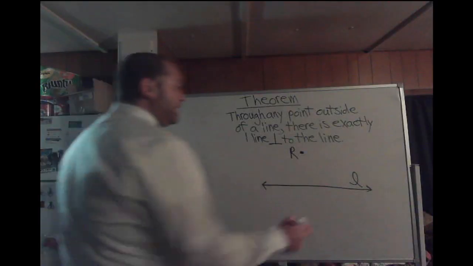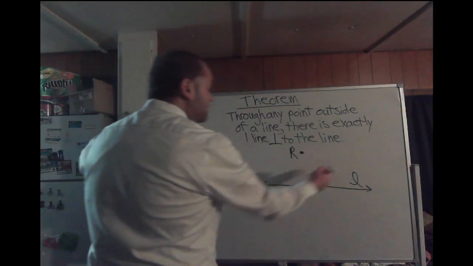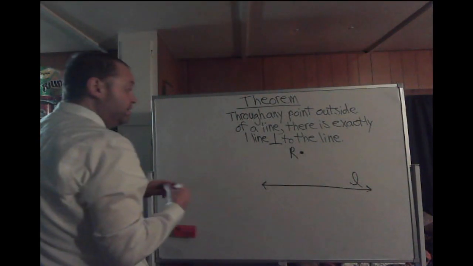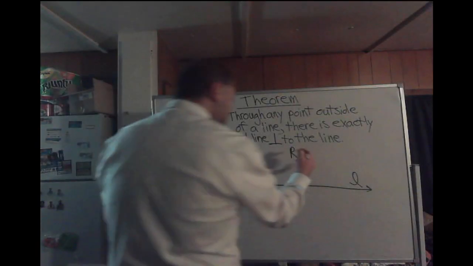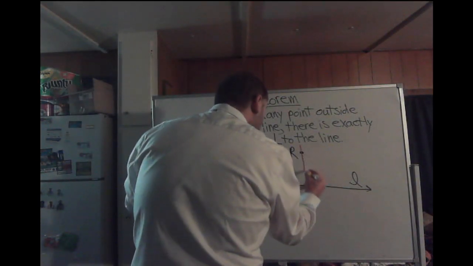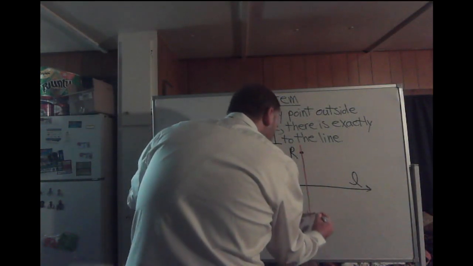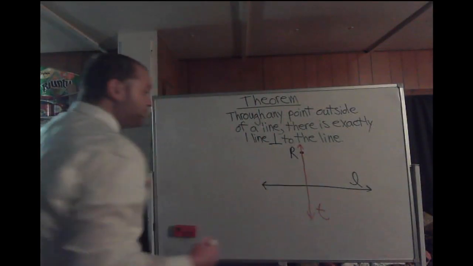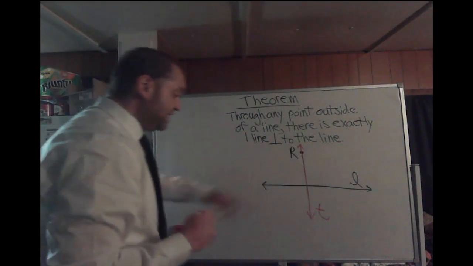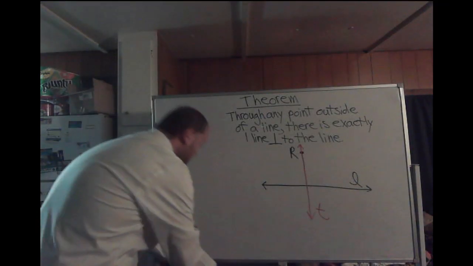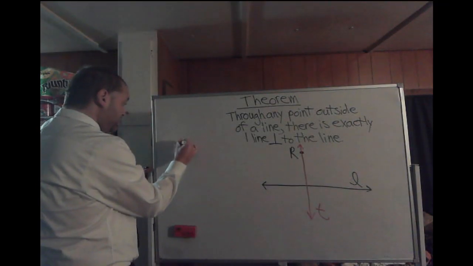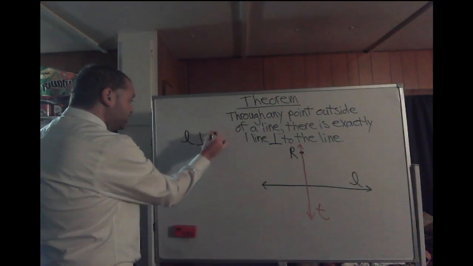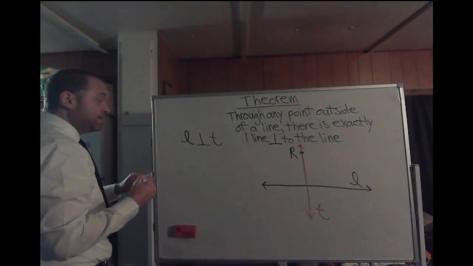So again, we have line L, and outside of line L, we have point R. This theorem states that through this point R, there is exactly one line perpendicular to L. We'll call this line T. This theorem would state then that line L is perpendicular to line T by that theorem.